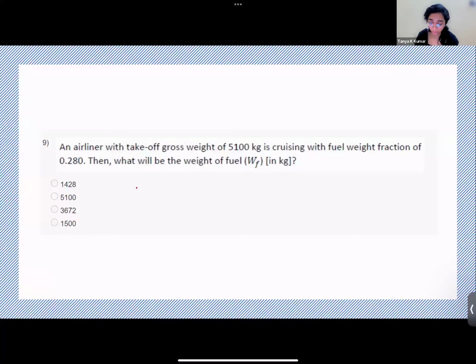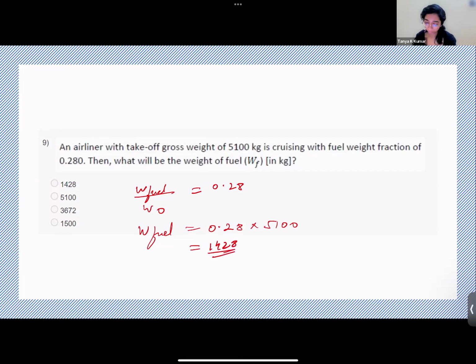So you just have to do weight of fuel by gross weight is 0.28. So weight of fuel is 0.28 into 5100. What is this value? 1428. Okay, so that is the weight of fuel.